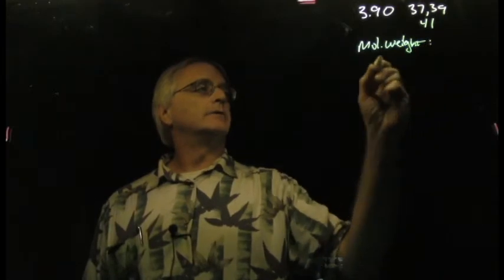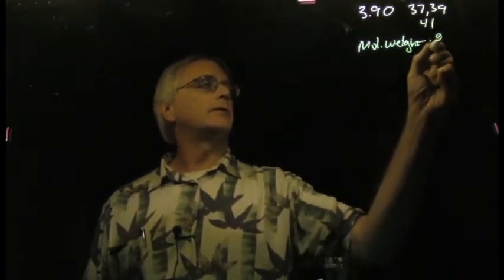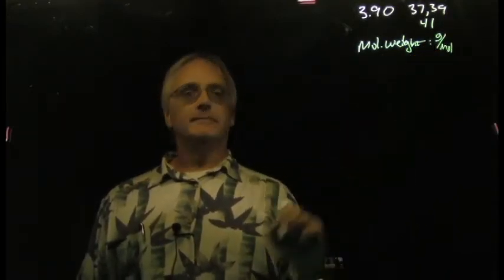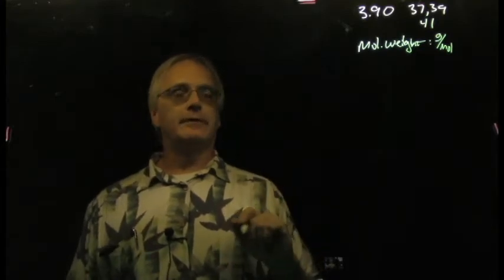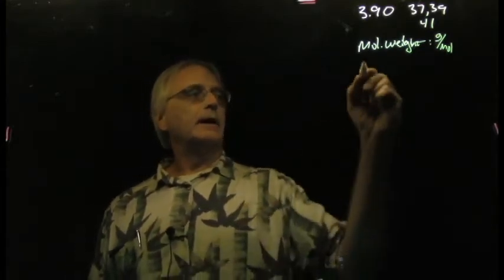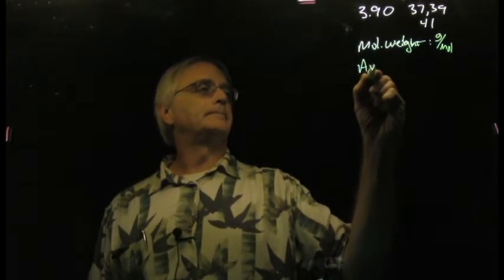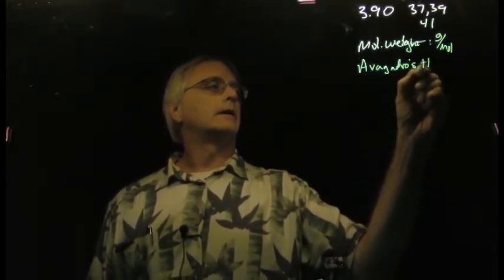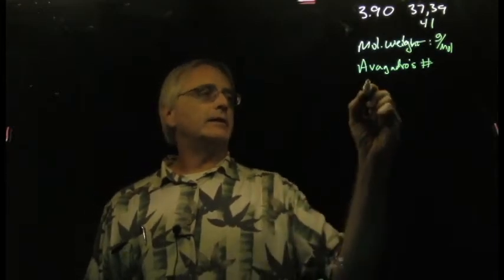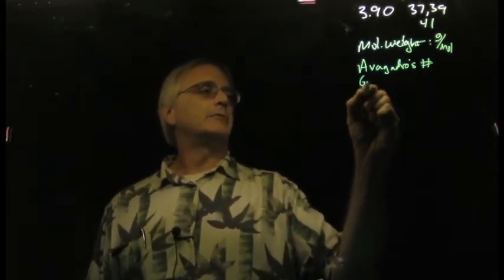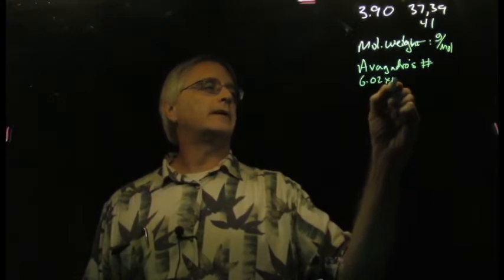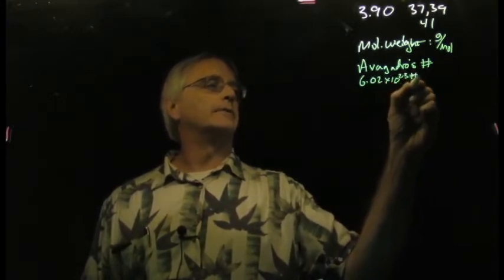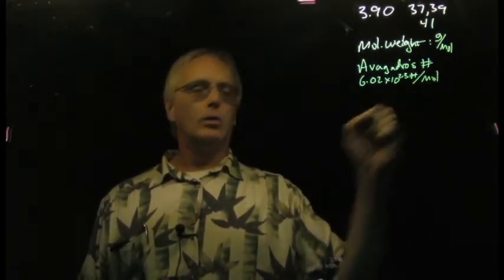Molecular weight, which relates grams to moles, grams over moles. Remember, those are the numbers right off the periodic table. Okay, Avogadro's number, which in my mind relates number of anything, 6.02 times 10 to the 23rd, number of anything per mole.